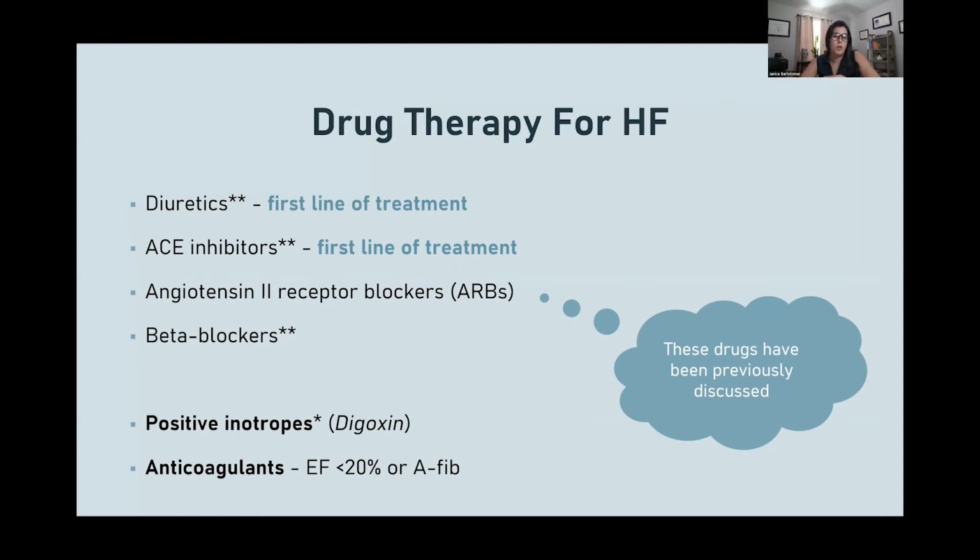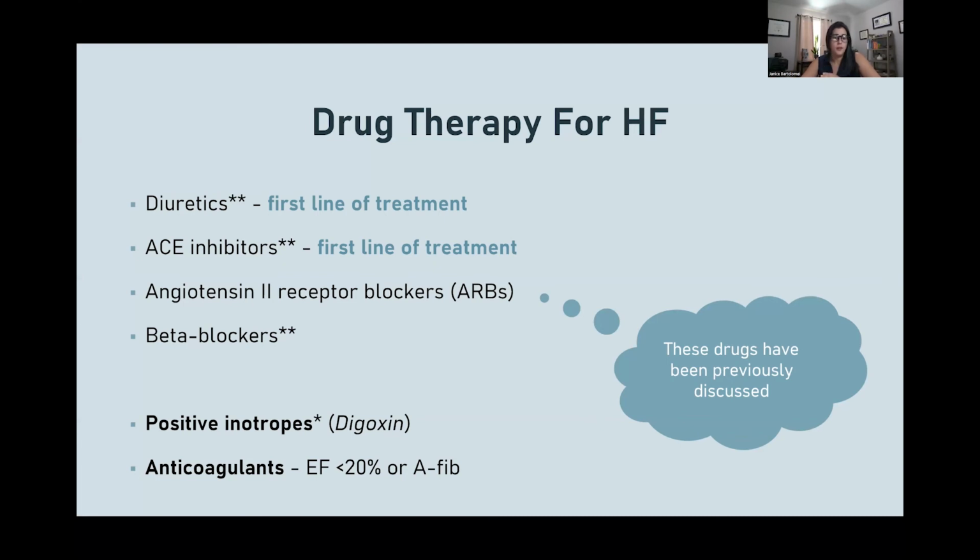So that's why beta blockers are used, because it lowers a little bit of that heart rate, making the pump work a little bit more efficiently, or that cardiac output efficiently. But the drugs that we're going to talk about in this lecture are positive inotropes, digoxin, and anticoagulants.